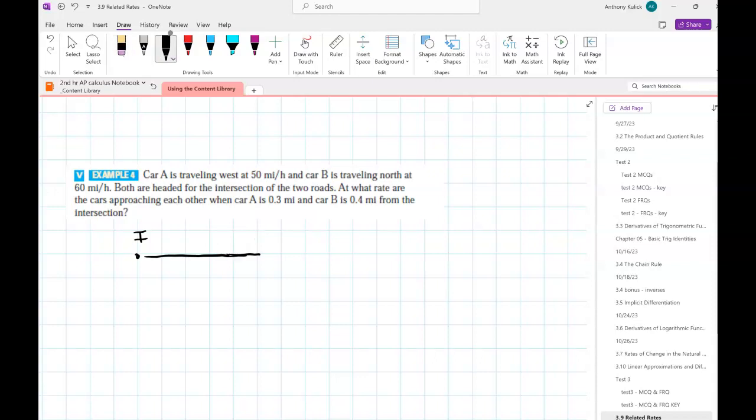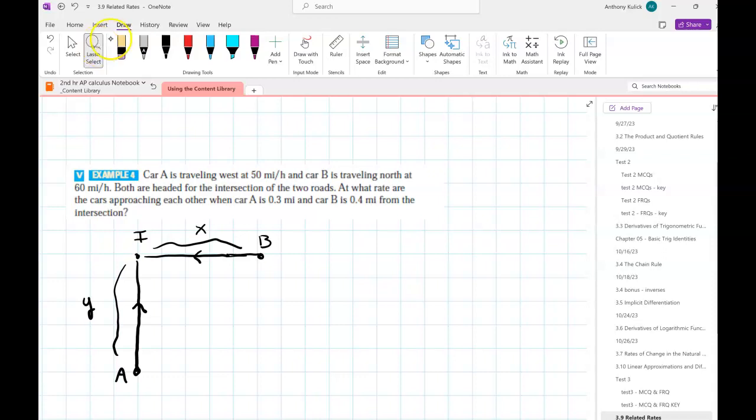So this is car B, there's car A. B is traveling north, A is traveling west. I'm going to call this distance y, because it's changing with respect to time. And we're calling this distance x, again because that's changing with respect to time.